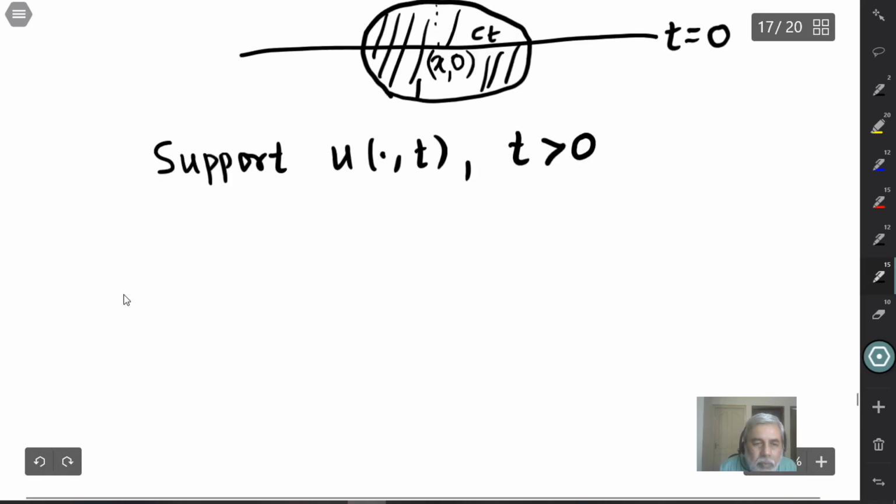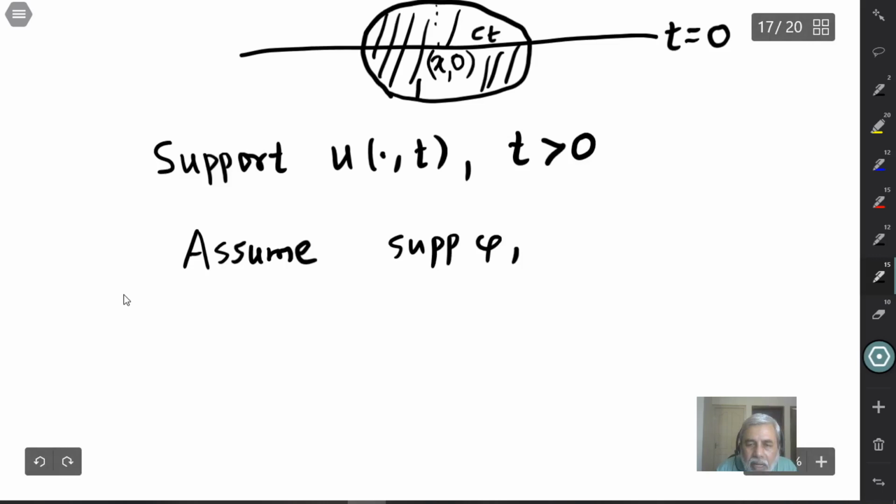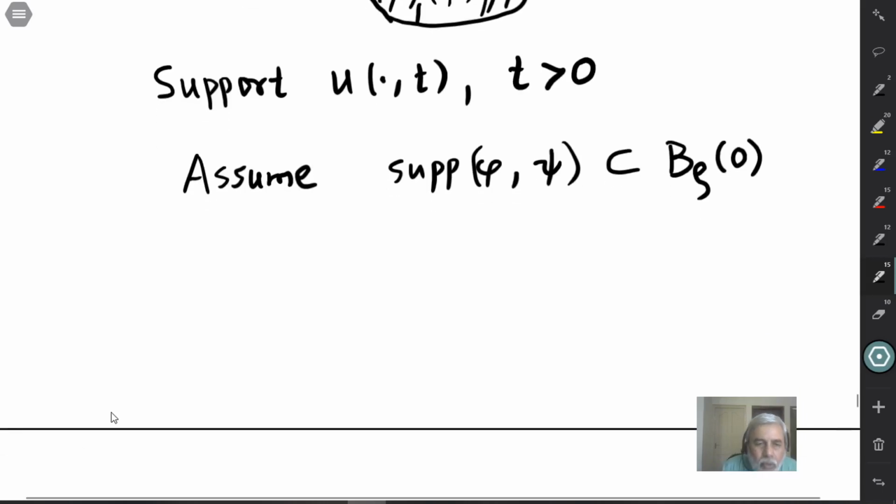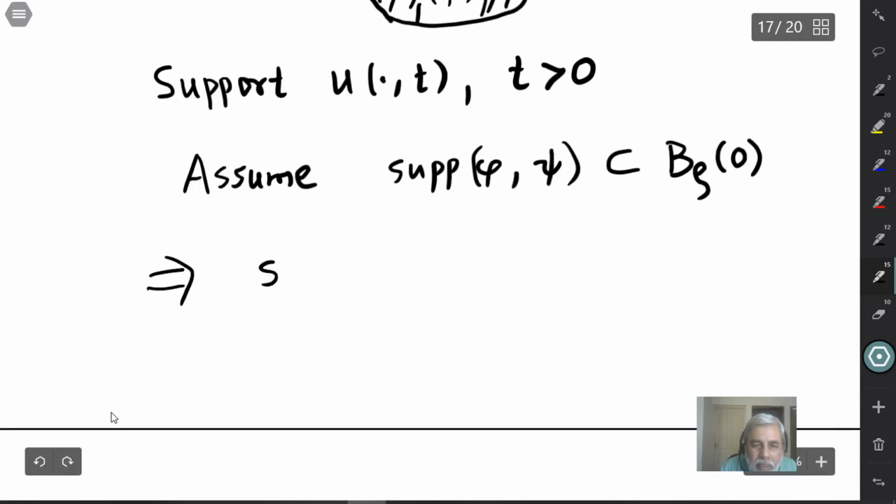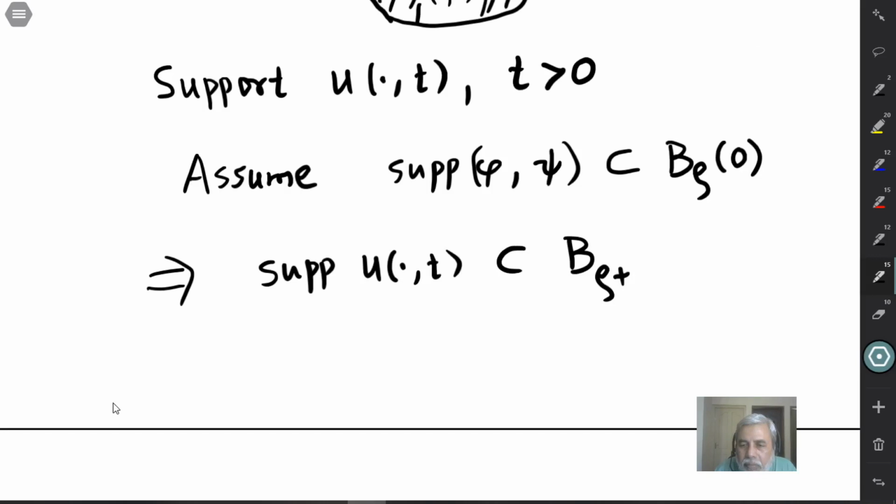So again assume that the support of phi and psi are in this ball of radius rho centered at origin, and similar calculations will show you that the support of the solution is contained in the ball of radius rho plus Ct.